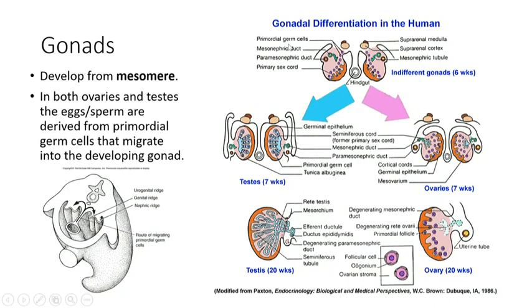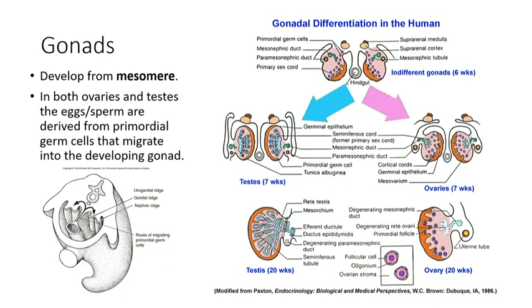But you may notice that some of the labels here are the same as we see in the developing kidney. So the mesonephric duct, for instance, mesonephric tubules. All right, but between about 6 and 7 weeks of fetal development, what we see is now there is some differentiation going on.